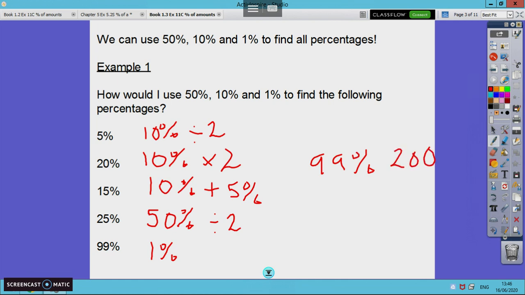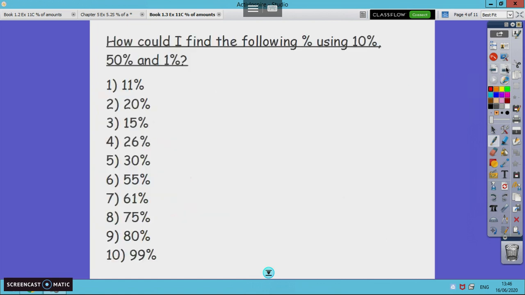I would find 1% of 200, which is 200 divided by 100, which is 2, and then I would just take it away. So 200 take away 2 is 198. And so 99% of 200 is 198. So I'd take away 1% to find 99%. Remember, you don't need to write this one down.